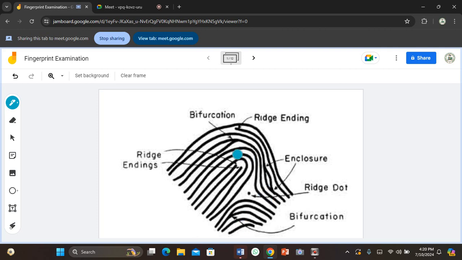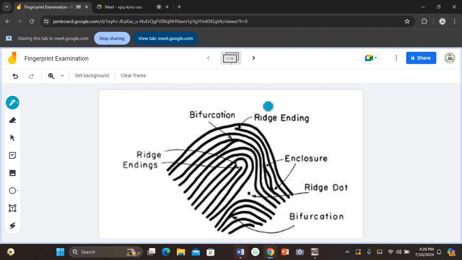But using all the other features, you can easily do your comparison and make identification or otherwise. Now, if you have a print where you can see all these things clearly, then it's as good as having a whole print.